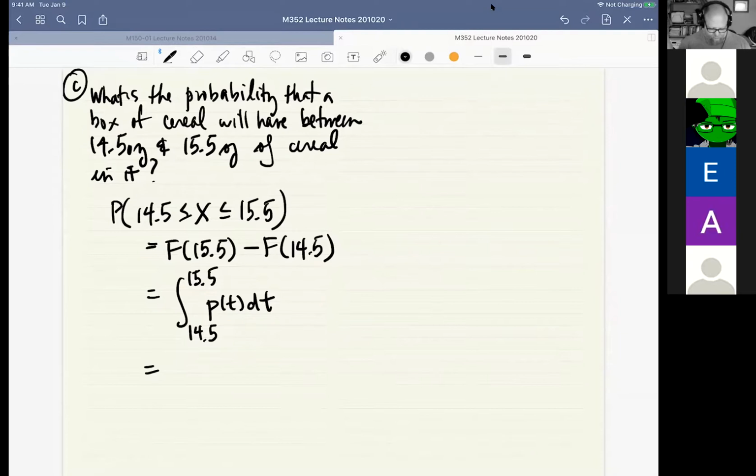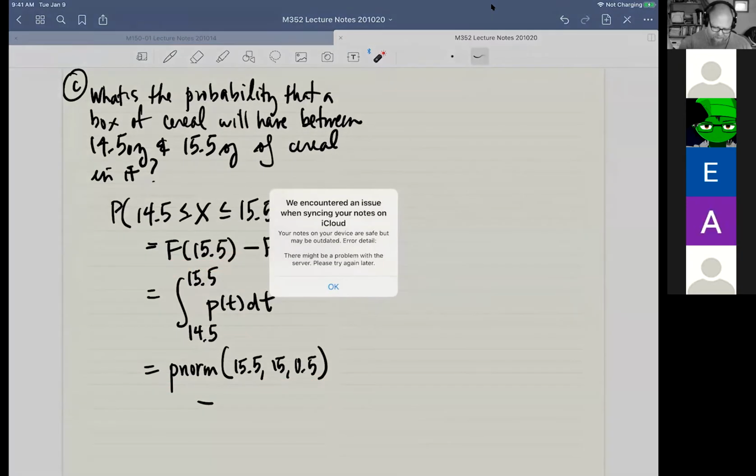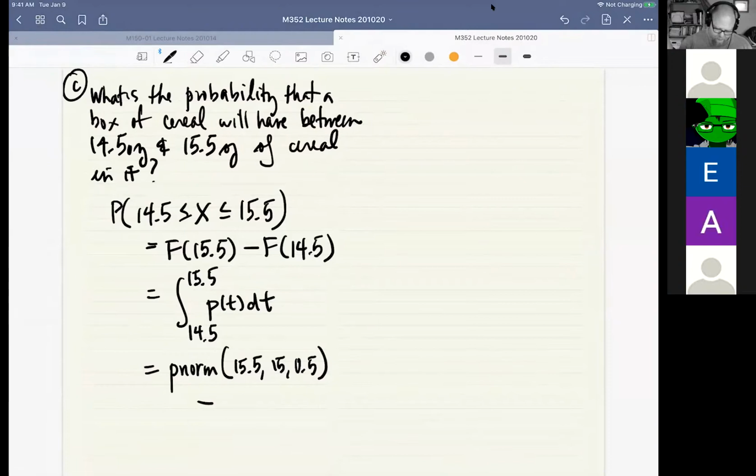But here's where we'll bring in R. So we're going to calculate the CDF's value at 15.5. This is how we calculate the CDF at 15.5. And then we'll calculate the CDF at 14.5.